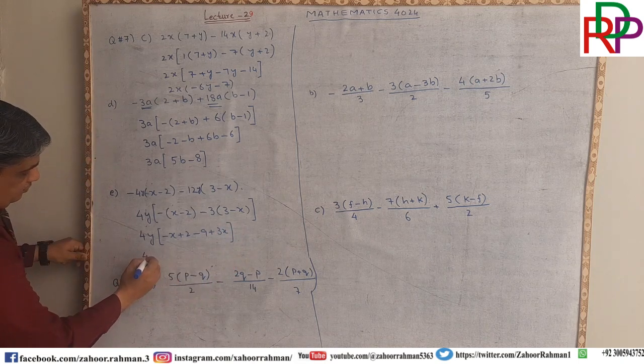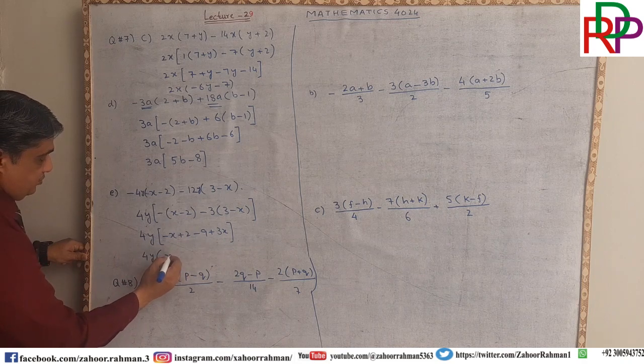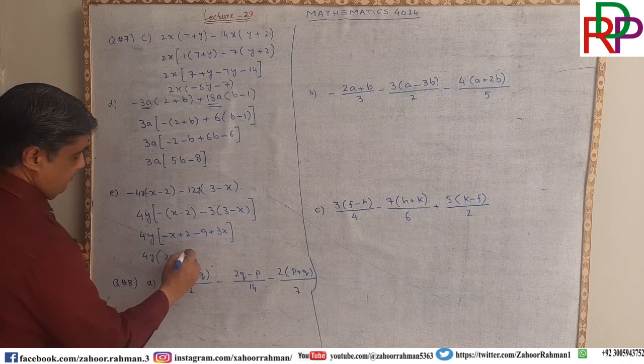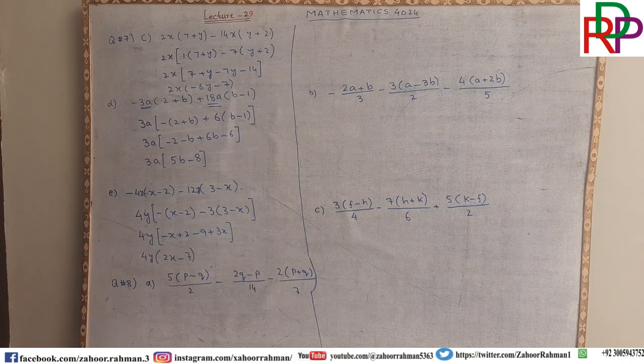Now 4y, and minus x plus 3x will give you 2x, and plus 2 and minus 9 will give you minus 7, and that is the answer.